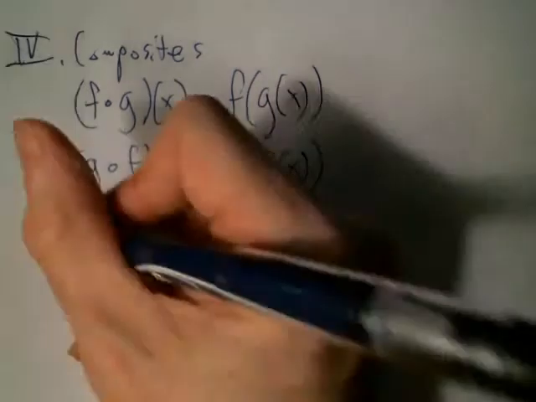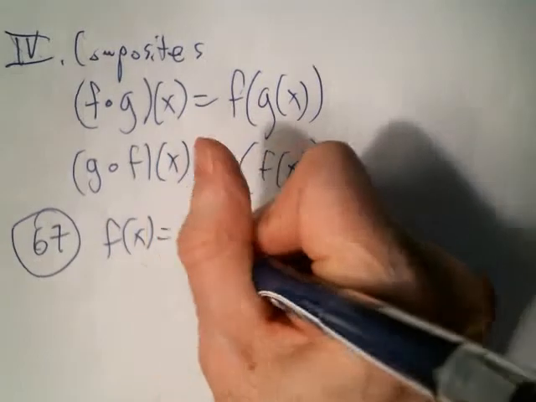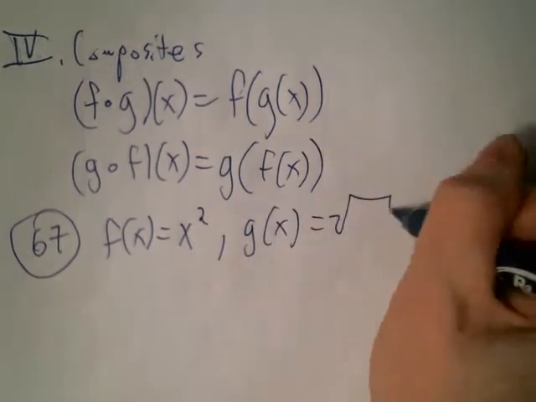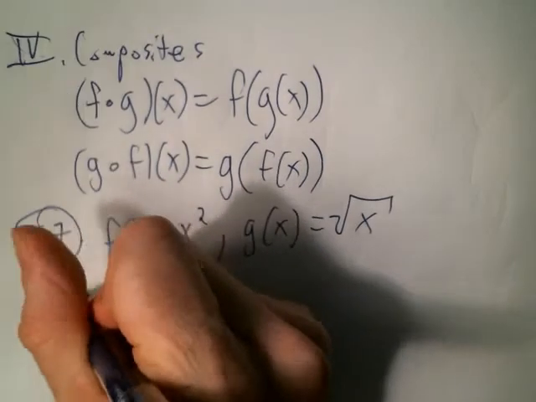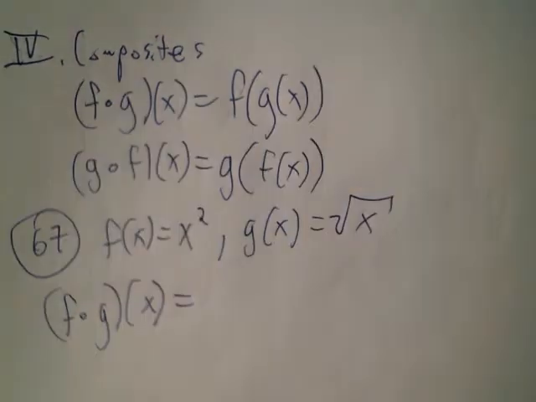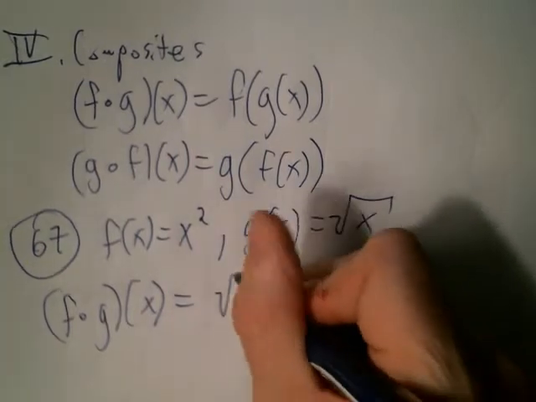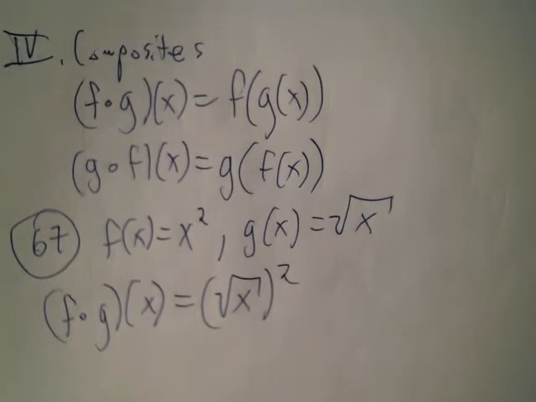Okay? So in particular, number 67, we have our f of x is x squared, and then our g of x is the square root of x. Along with finding what the composites are, we want the domain and range. So first I'll start with f of g of x. I'm putting g of x inside of f of x, so you'll have the square root of x inside of f of x.